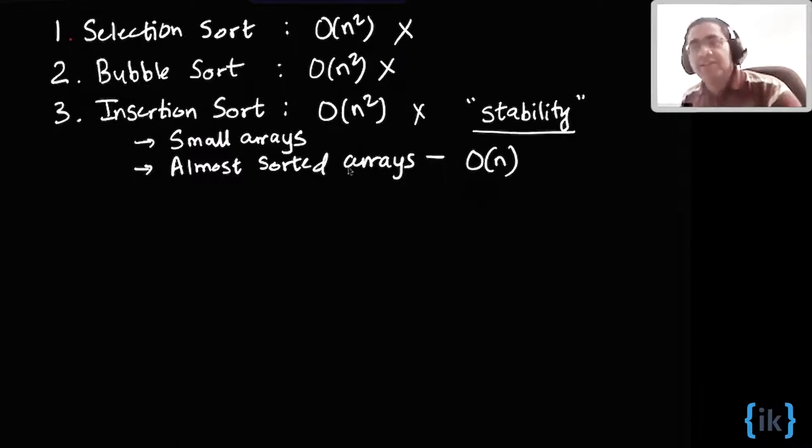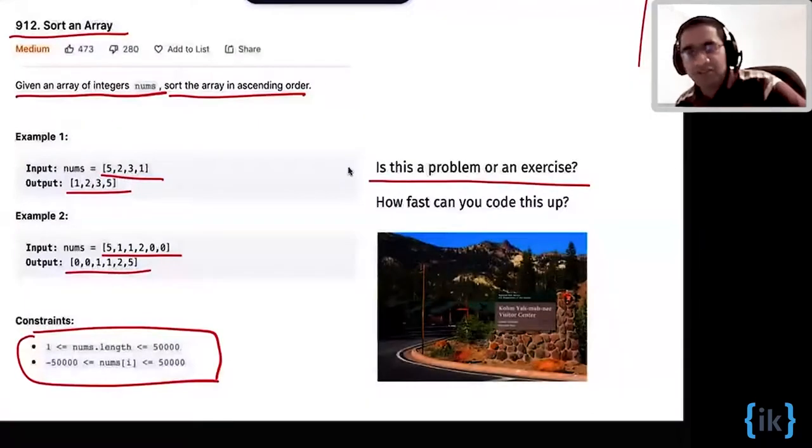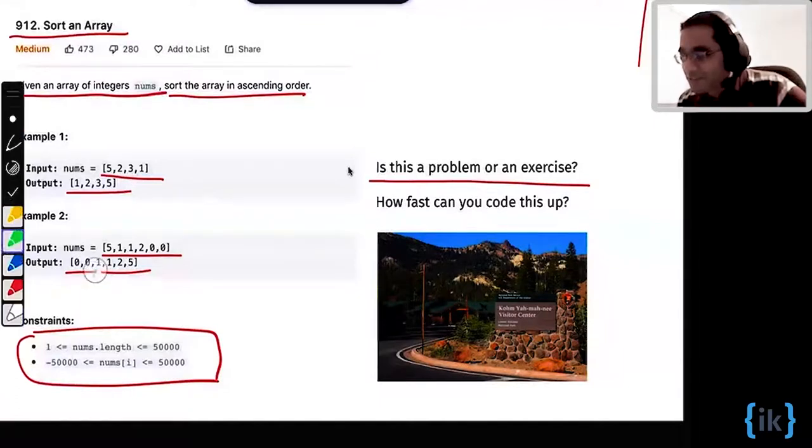But having said that, stability is something we care about normally when you're trying to sort objects that have other fields as well. Here, we only have integers given to us. So it doesn't matter which of the two ones here appears first, right? Because as far as we are concerned, they're identical.